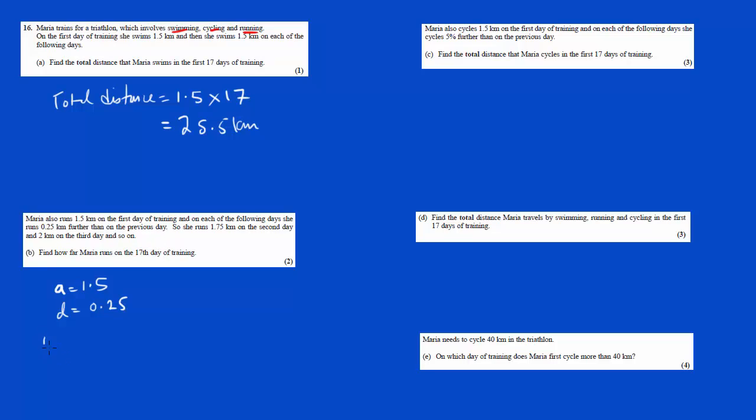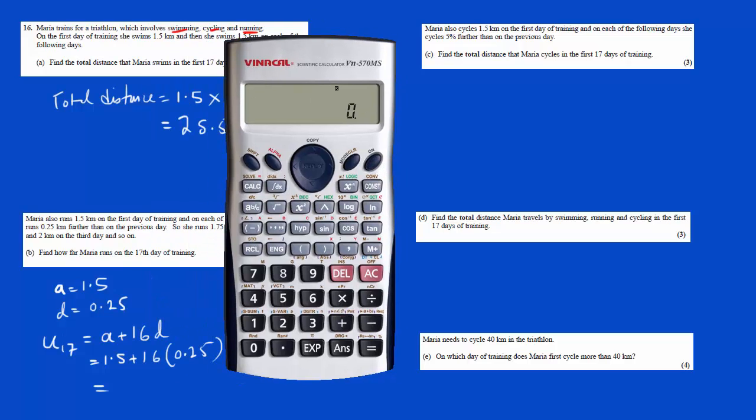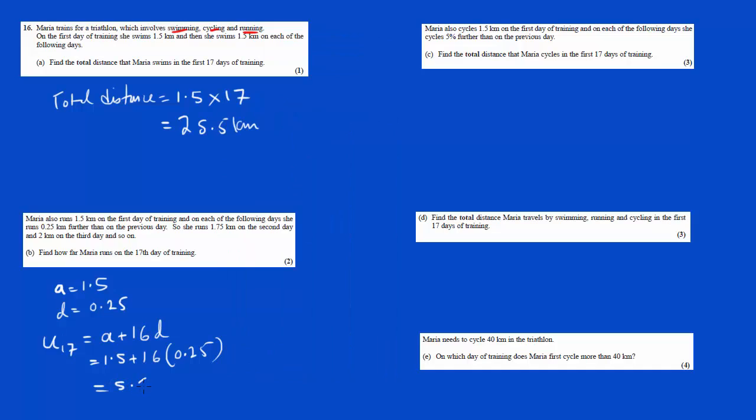That means you have to find U17, which is a plus 16d. a is 1.5 plus 16 times the common difference 0.25, and that turns out to be 5.5 kilometers. She runs 5.5 kilometers on the 17th day.